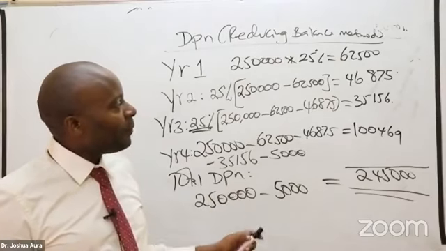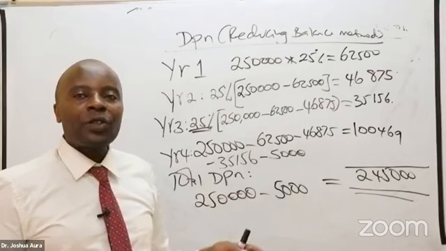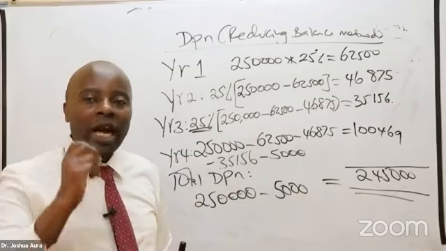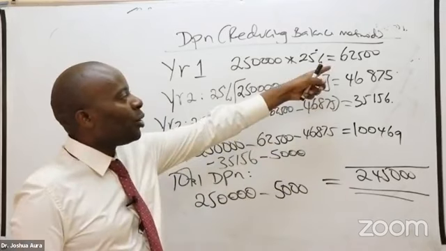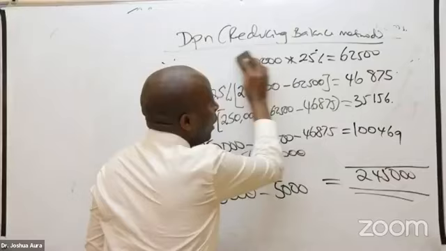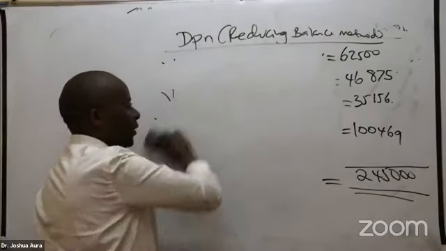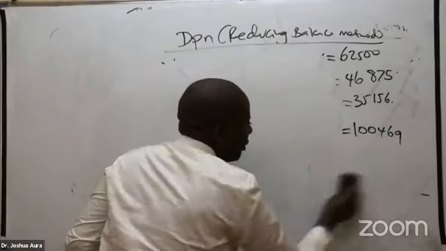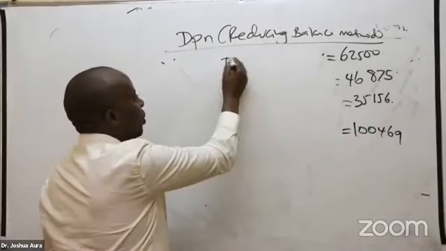And now remember, they told us, ladies and gentlemen, to write our figures to the nearest $1,000. So I expect you to divide these figures here by 1,000, and then you give us whole numbers, nearest 1,000. So in summary, our depreciations will be as follows.